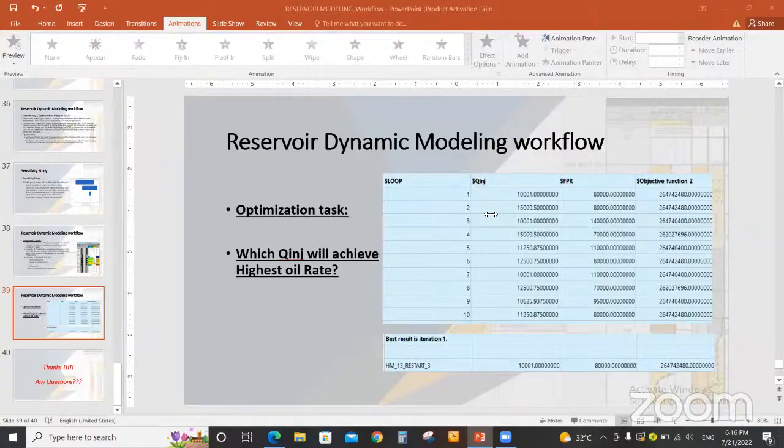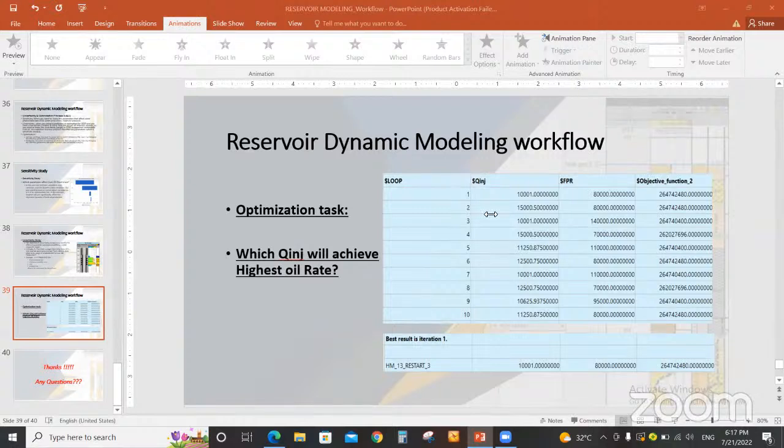We have another question. Which is more accurate, well log or core samples, and what is the difference between them? I think you are asking about the accuracy.